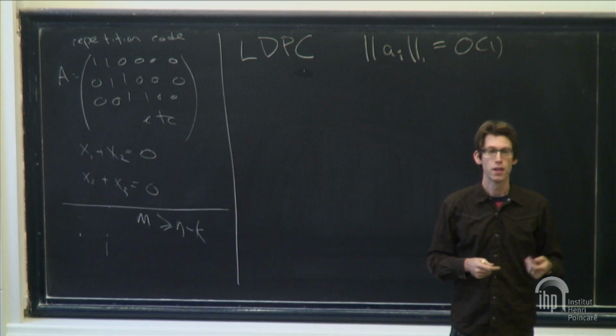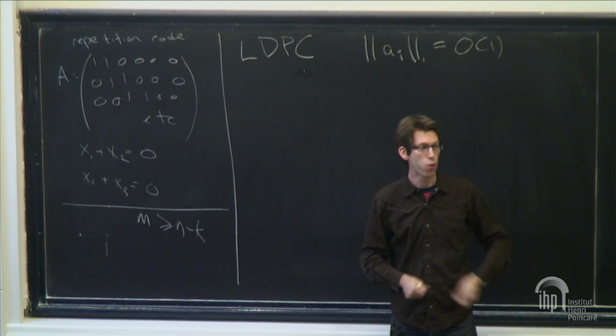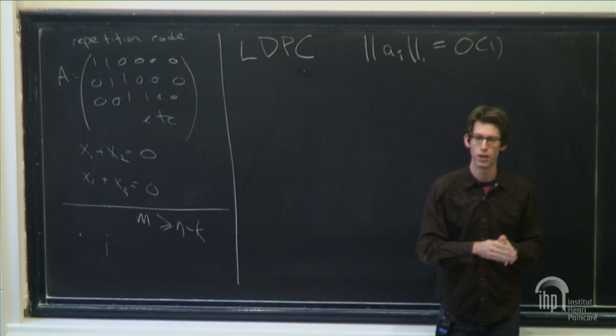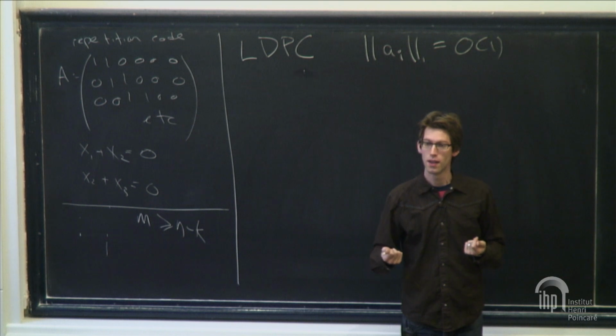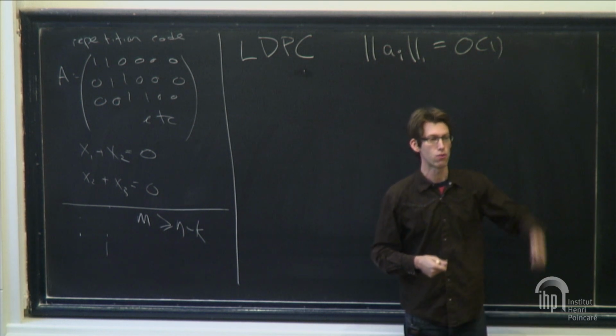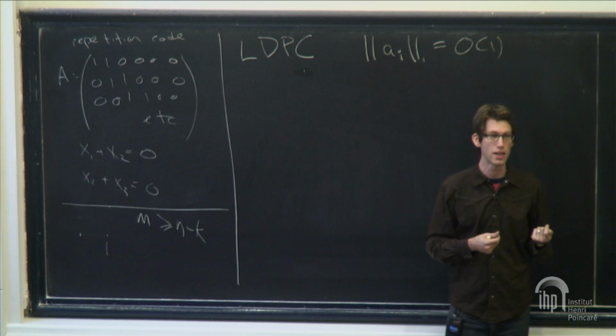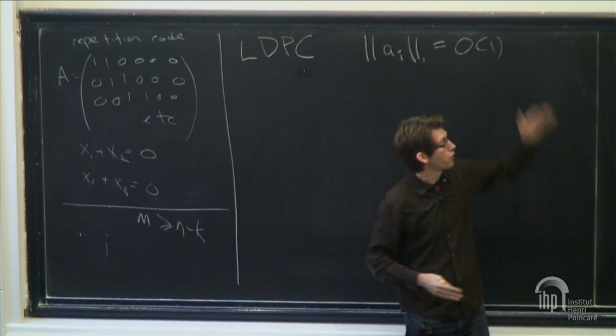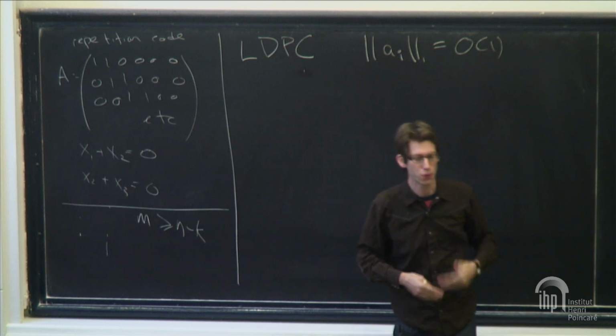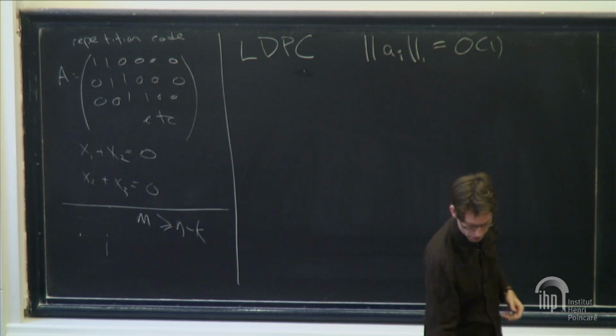Suppose you want to very quickly verify if you're in the code or you're far from the code space. It'd be nice if you could just sample at random a few of these checks, and then you could very quickly make this determination. Otherwise, you have to go through the entire parity check matrix.